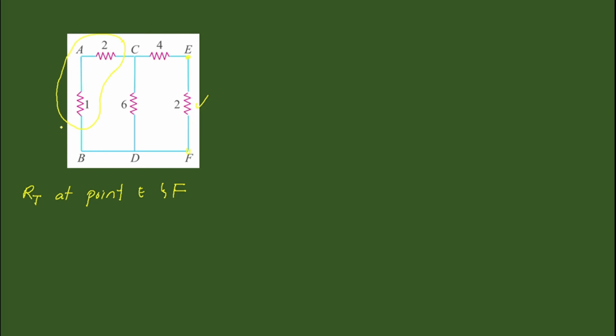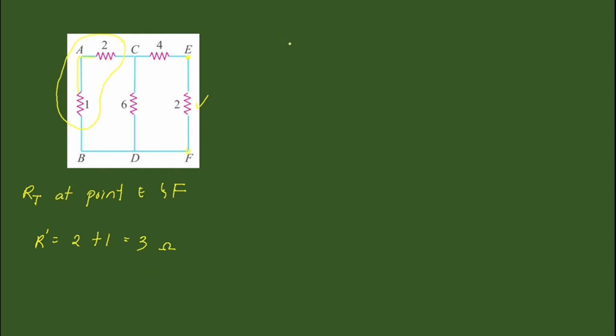Let's consider it as R prime. R prime is equal to 2 connected in series with 1. So, 2 plus 1 is equal to 3. Okay? They are connected in series because they are in one path only. So, R prime is equal to 3 ohms.